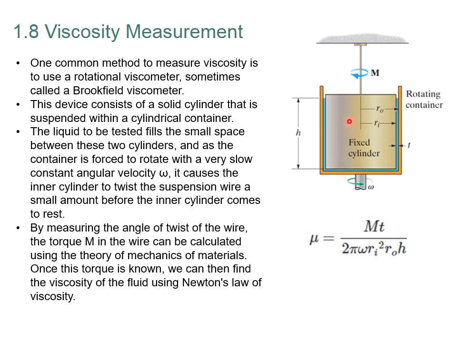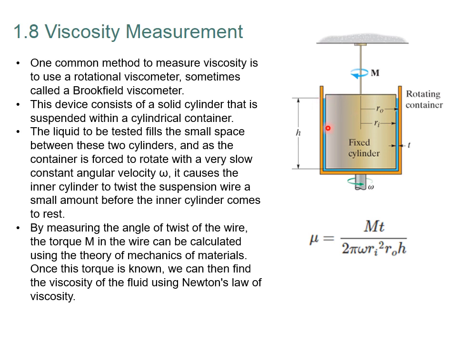The outer one is a fixed cylinder, and you basically spin this. This is a rotating container, and you measure how much twist the inner cylinder is caused.